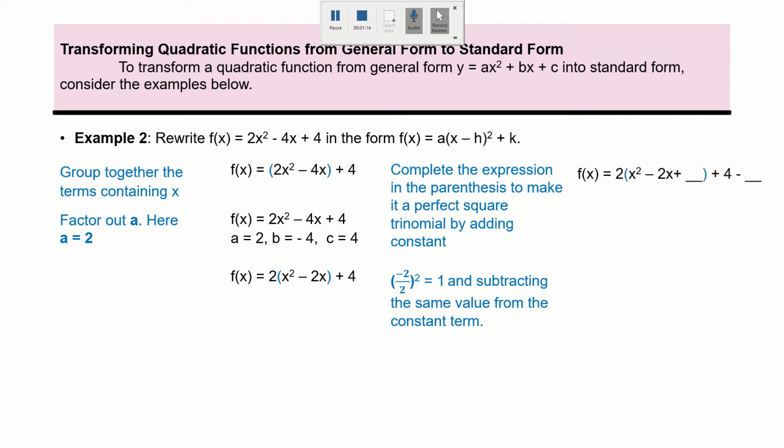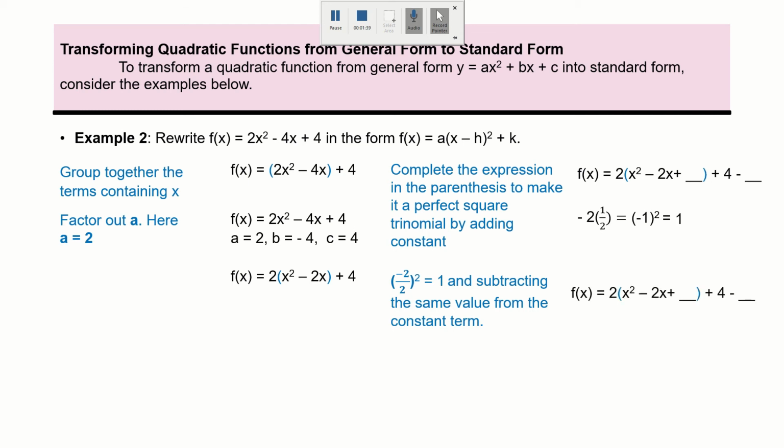So here in our example, we have f of x equal to 2 times x squared minus 2x plus, we're going to place a blank space here, plus 4 minus blank. To make it a perfect square trinomial, we're going to get half of the second term, which is negative 2 times 1 half. The answer is negative 1 squared, and negative 1 squared is equal to 1.